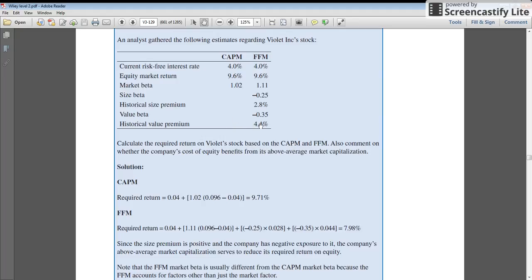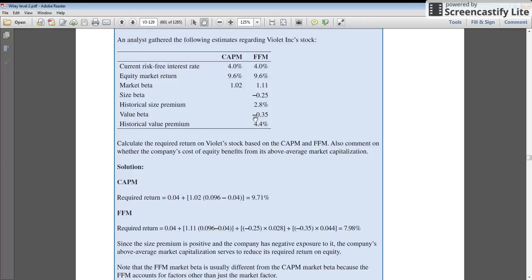So minus 0.35 beta multiplied by 4.4% is also going to reduce the required return, which basically means that the required return of this stock is going to be lessened as a result of this variable, which again points to the fact that the market value of this stock is high, which means that book to market value is lower, right?